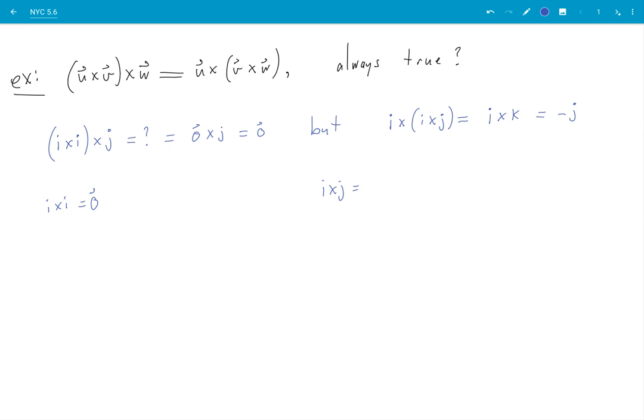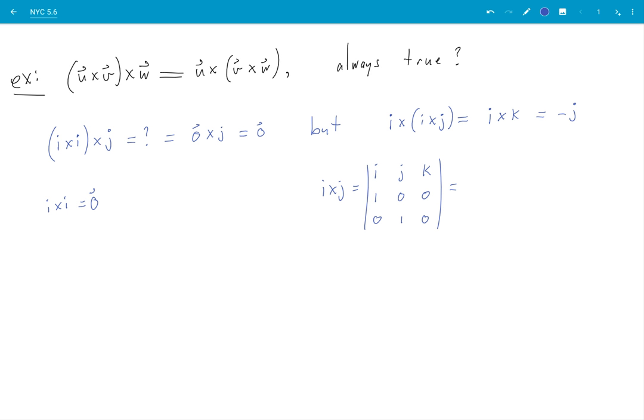I cross J is the determinant with rows I, J, K; 1, 0, 0; 0, 1, 0. The determinant for I is 0, the determinant for J is 0 as well, so the only thing surviving, actually, you know what would be smart here?